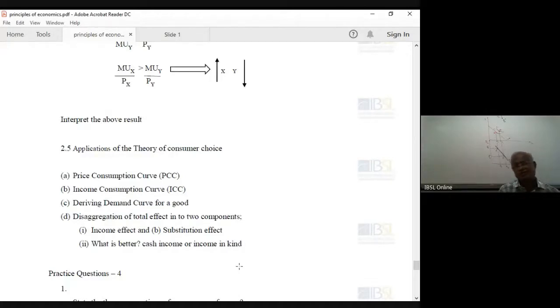Change in demand for a good due to the change in relative price of that good is called substitution effect.